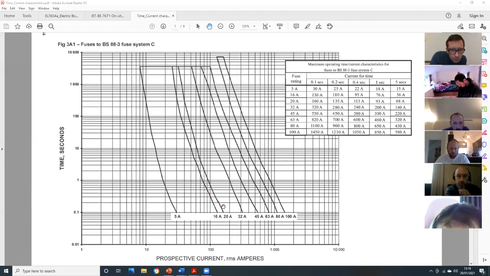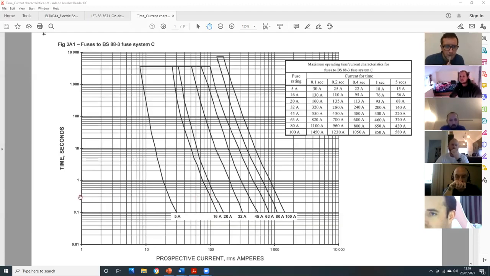If I can ask Chris to unmute and have a go at the answer. 100 amps into the 16 amp fuse. I'll unmute you, Chris. 0.3 of a second. 0.3 of a second, well done. 100 amps: 0.1, remember that's the baseline, 0.2 and 0.3. It's so easy to pick 0.2 there and get it wrong.